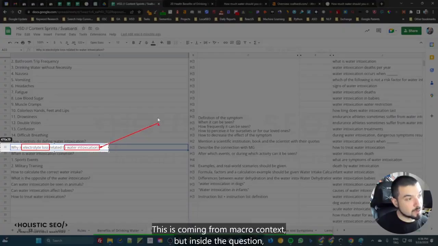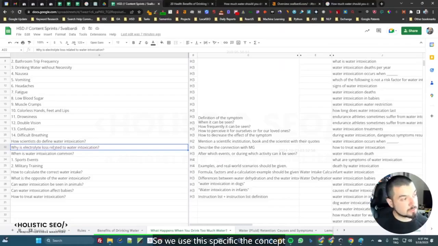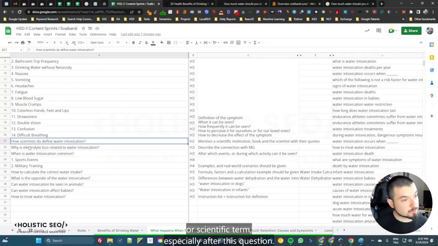This is coming from macro context, but inside the question, it is not the main entity. This is the main one. But we want to focus on this specific concept in terms of science, and we want to take only its definition and connection to the water intoxication. So we use this specific concept or scientific term, especially after this question.